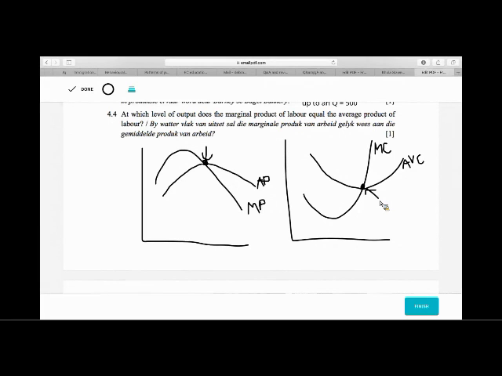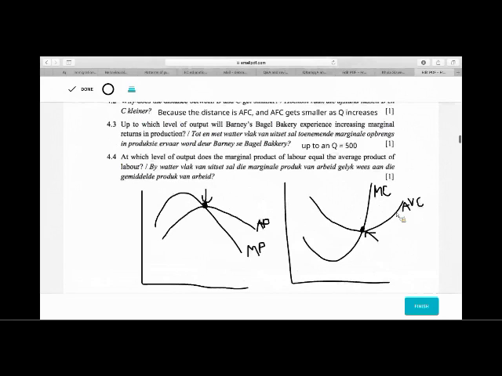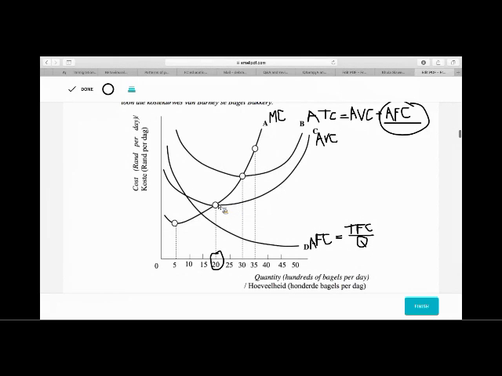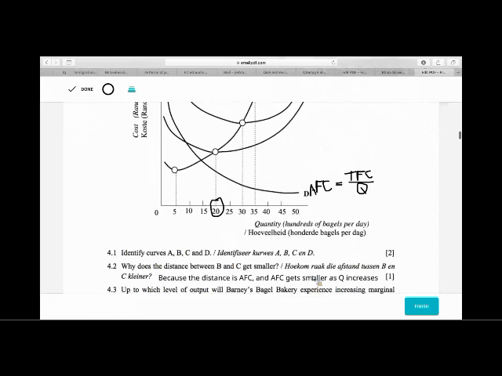So you can spend fixed cost and get no output. The only time you're going to get more output is if you spend on labor, and that's going to be your variable cost. So your average product and your average variable cost are linked. So the answer to question 4.4 is going to be 2,000, because average variable cost is at a minimum at 20 times 100, which is 2,000.